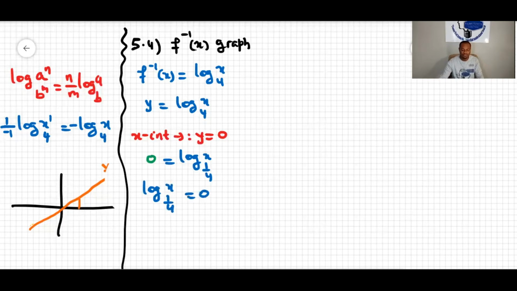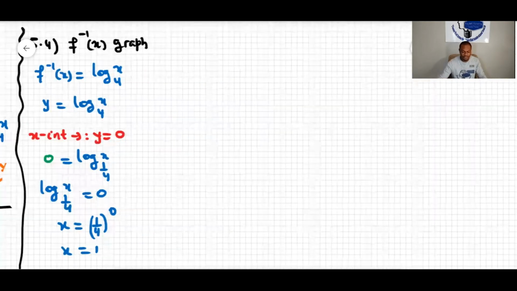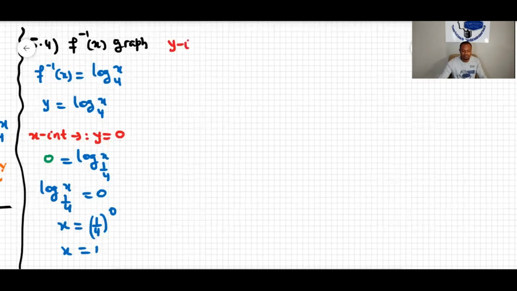By definition of the logs, x will be equal to the base to the power of 0, which is just 1. Now that we found the x-intercept, we also need to find the y-intercept, if there is one. Y-intercept means that x is equal to 0.